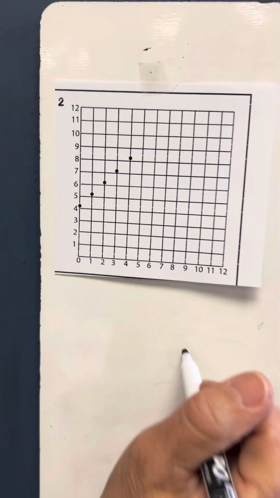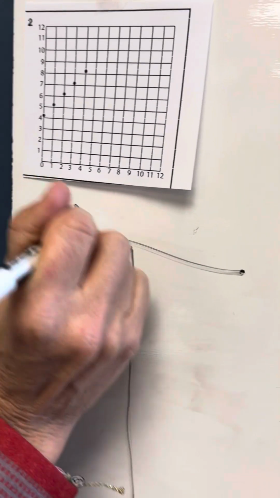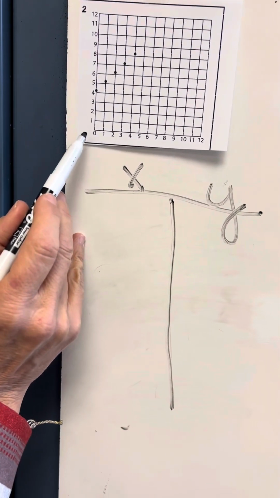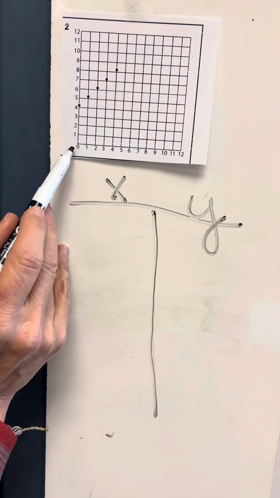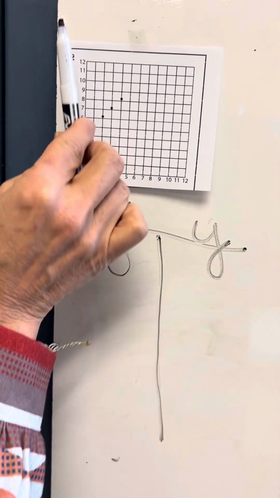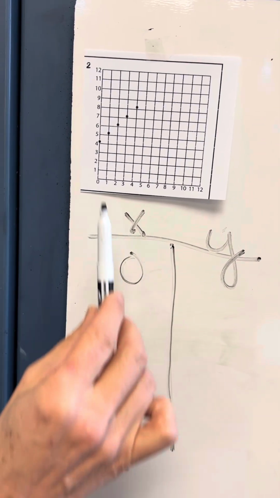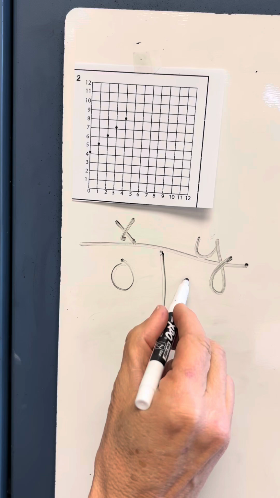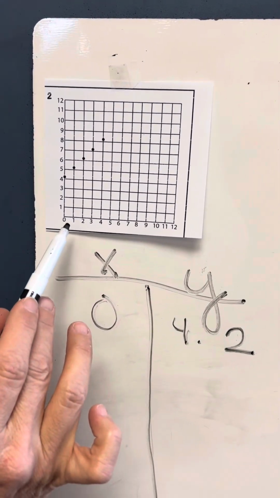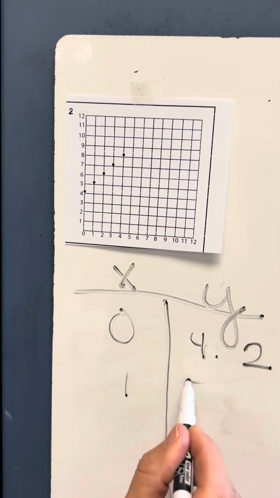First thing I want to do is make a table of x and y coordinates. I noticed that my first value for x is 0. It's right there on the 0 axis, and the y is 4.2. Let's look at the second coordinate, and we have 1 and 5.2.